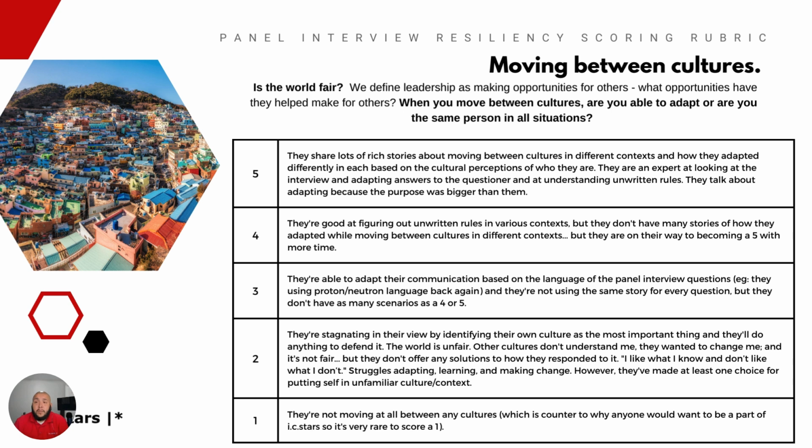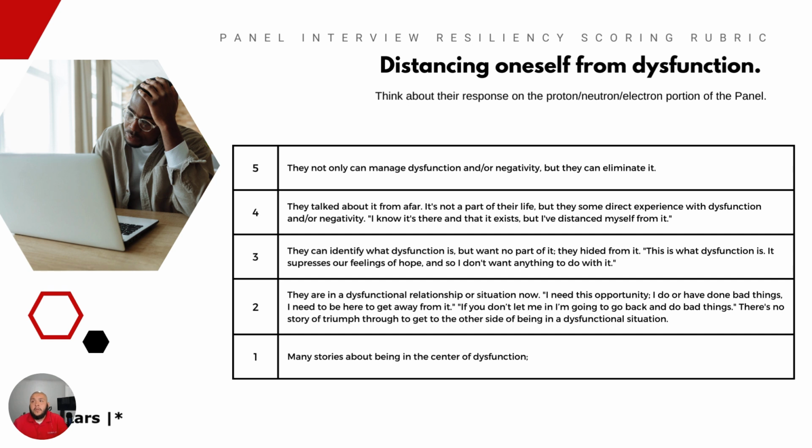They want to keep the same life, which again is counter to wanting to join i.c.stars, because you want to expand. If there's dysfunction, you want to move away from that dysfunction and create a future for yourself and for others around you. So think about that when you're scoring moving between cultures.